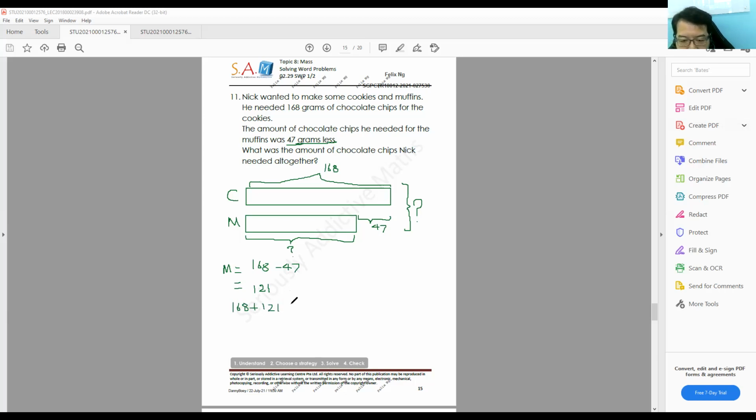And the answer is, that's it, so 9, and then after that 8 and 2. Is that correct? So he needed 289 chocolate chips altogether. Please write the statement.